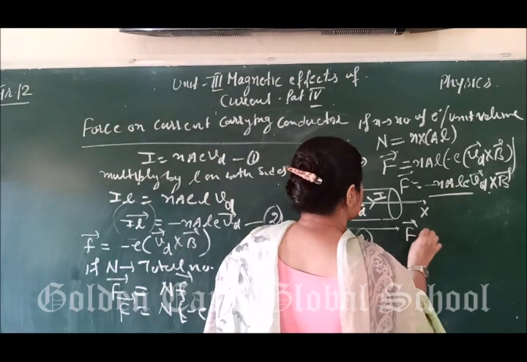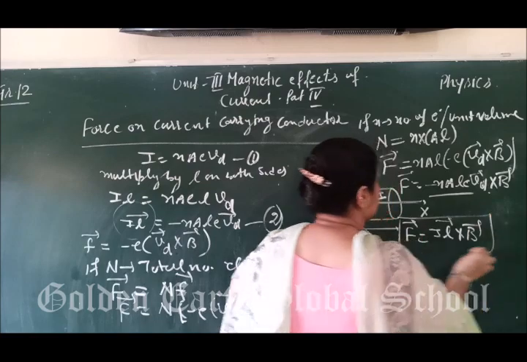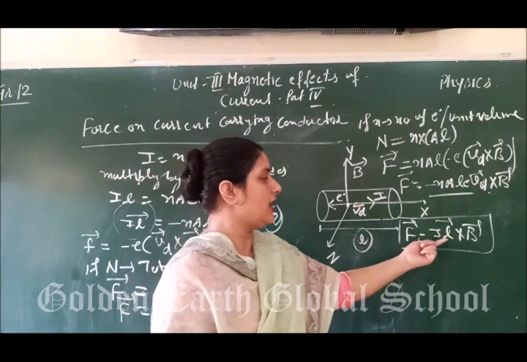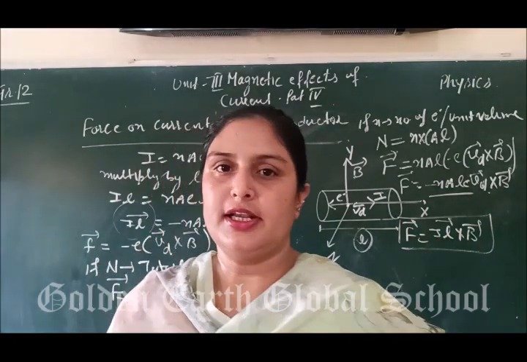So force F is equal to IL cross B. This is the force experienced by the current carrying conductor carrying the current I, having a length L, placed inside the magnetic field.